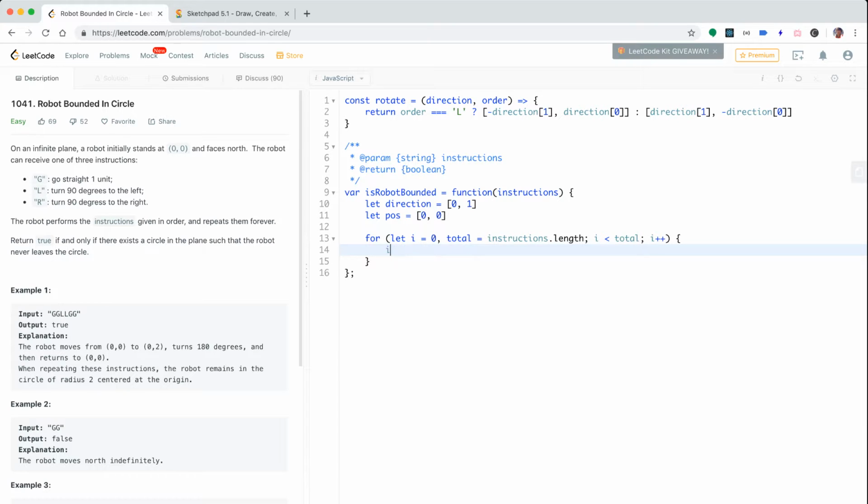If instruction equals instructions I, if instruction equals G, then we just say remove it. We move it by plus 0, plus 1.